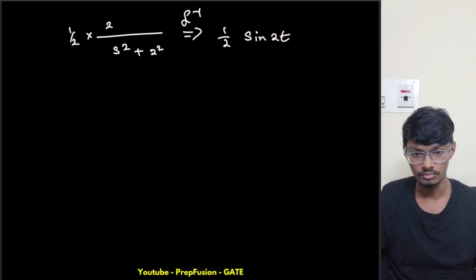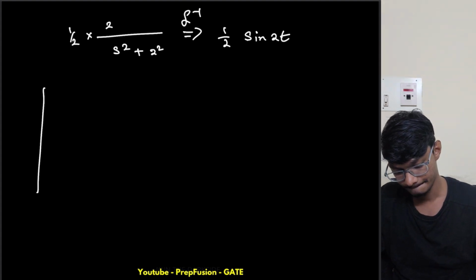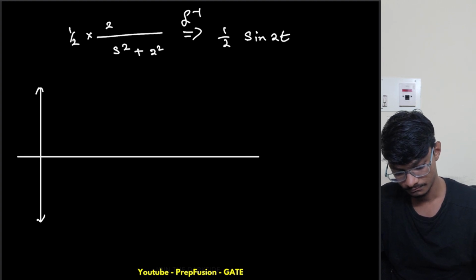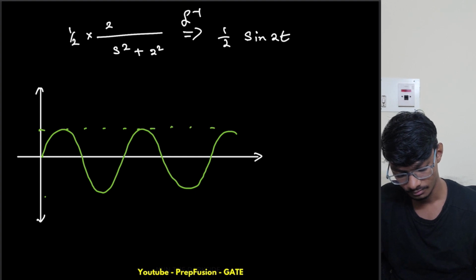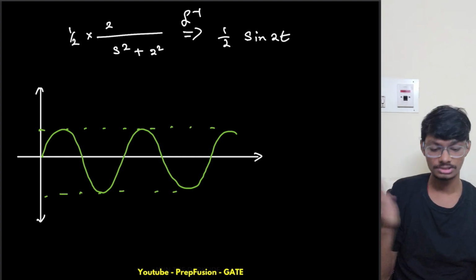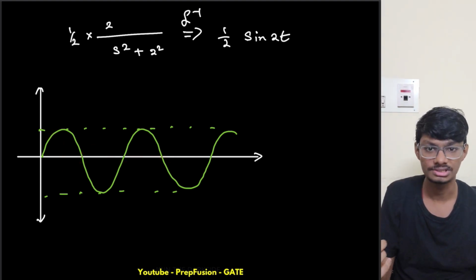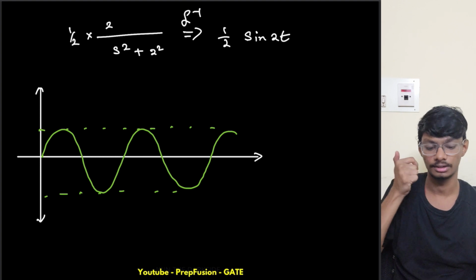This is oscillating. How? Let me draw the plot for this. This will be the plot for a sine. Don't take it as exact, but we can see this doesn't have any steady state value. It is oscillating always. That's why we call it an oscillating system, marginally stable. It is neither unstable nor stable, because it is bounded between two values, but it is not settling to any value.